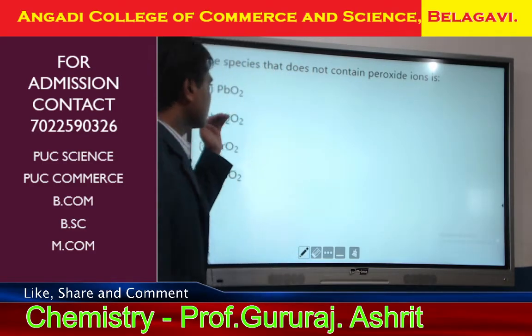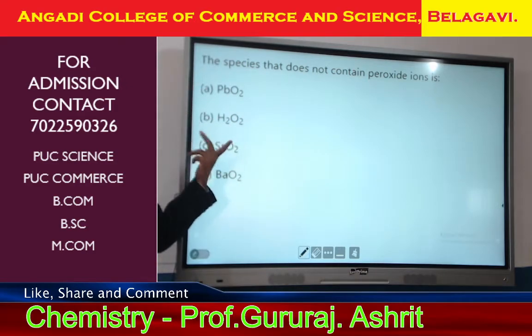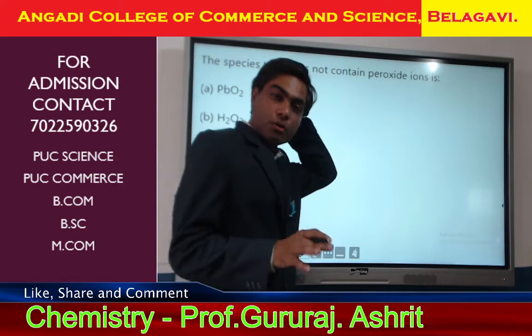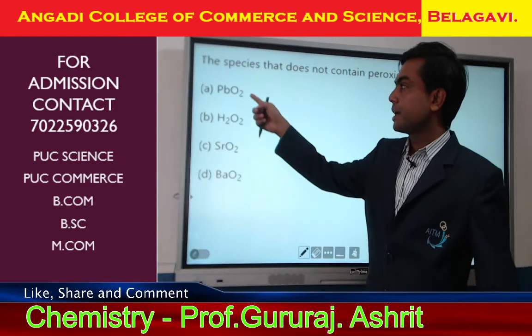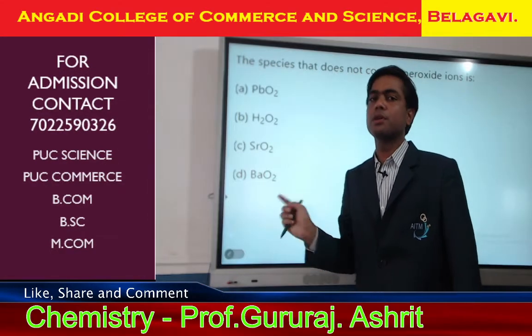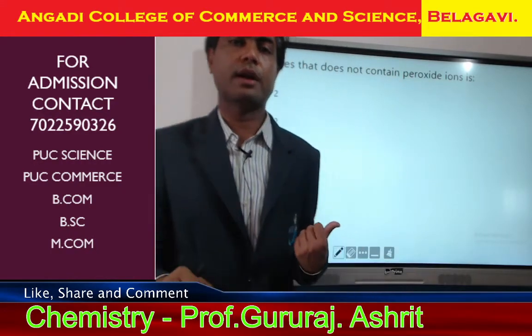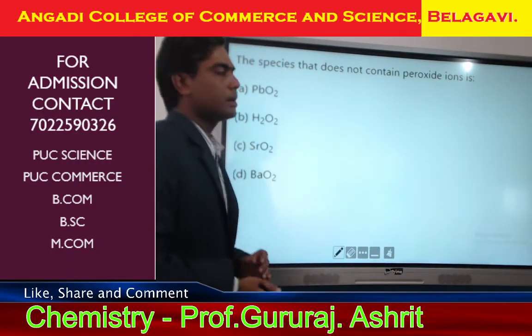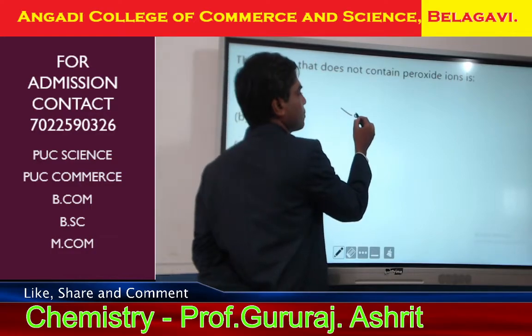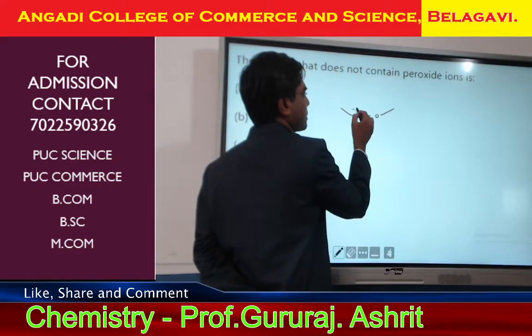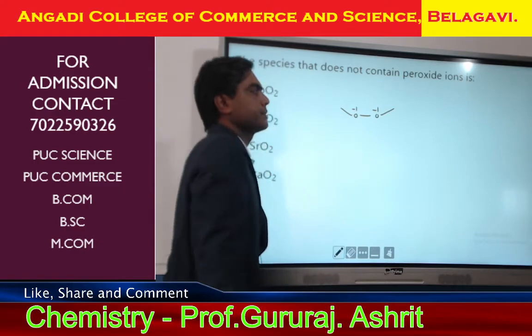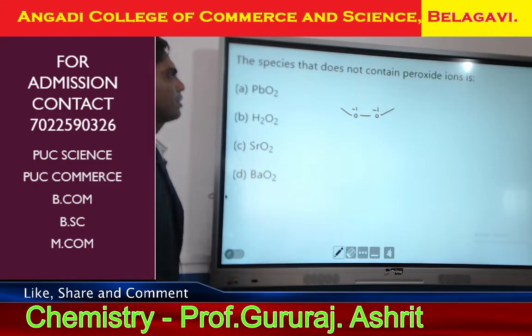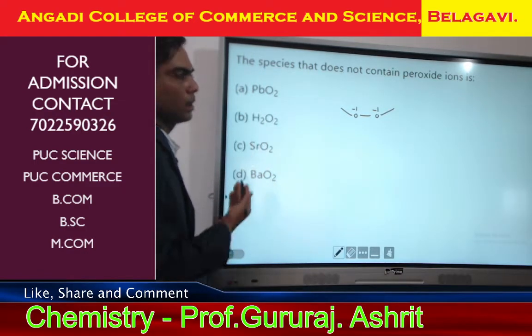Based on that, you should identify which does not contain peroxide. Another thing you should know is the oxidation state of the metal bonded with the oxygen. Then only can you easily identify which does not contain peroxide. The O-O linkage with -1, -1 is the peroxide linkage. So I will apply one method to understand this one.